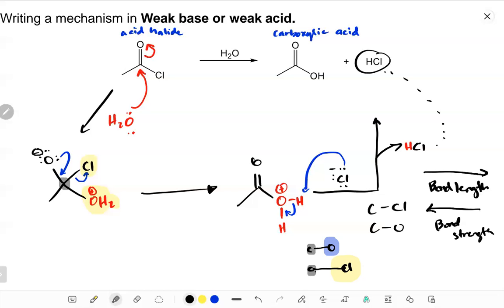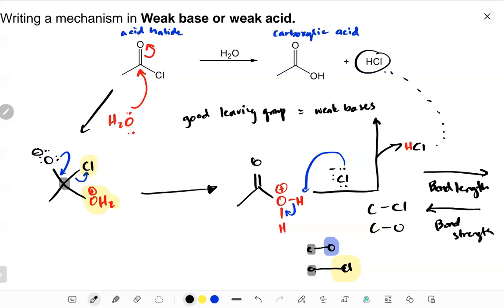Always bear in mind that good leaving groups are weak bases. And if, for example, the conjugate base of the hydronium ion is water, and you have the chloride ion as the conjugate base of HCl, we can compare the pKa.